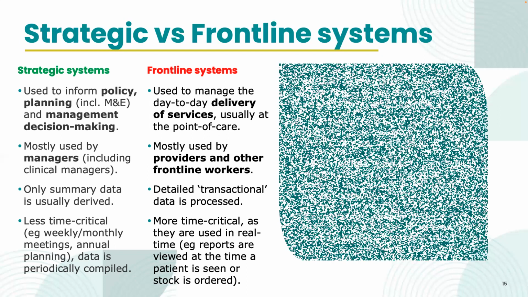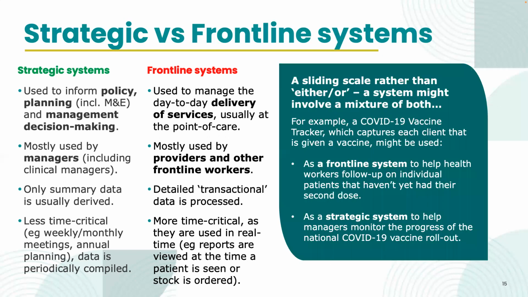So having set out that difference between strategic systems and frontline systems, it's important to explain that most systems aren't just one or just the other. This isn't a dividing line like individual data versus aggregate data where you can only be one or the other. This is more of a sliding scale. So a system could be more at one end of this sliding scale, more at the other, or a mixture of both.